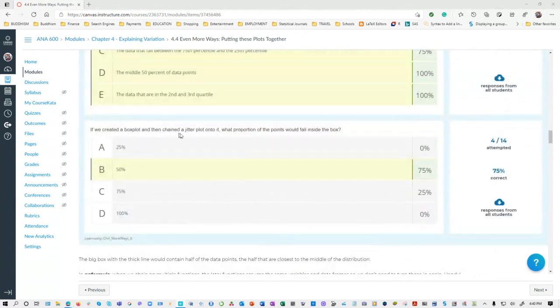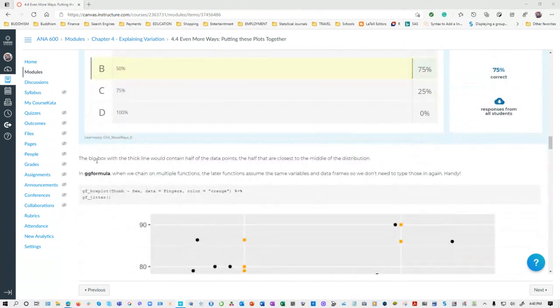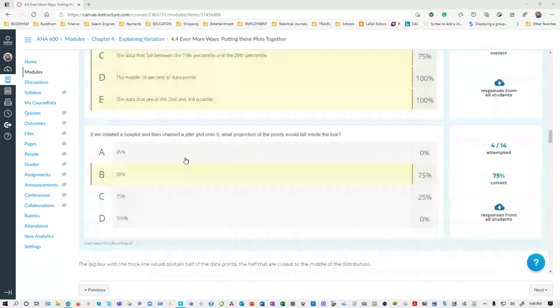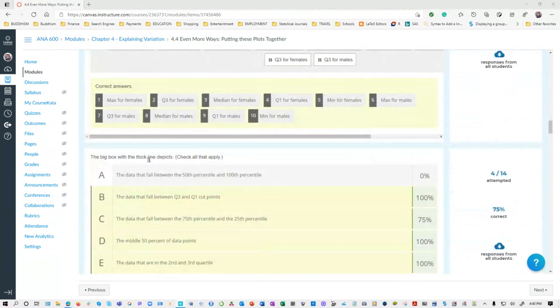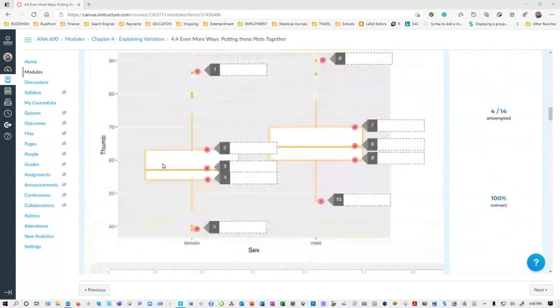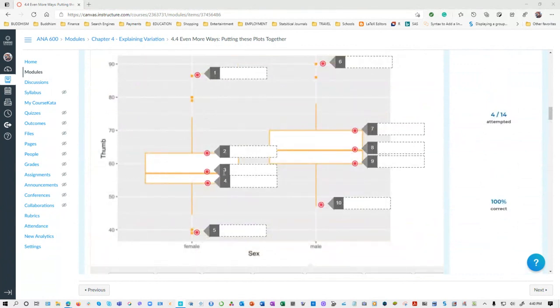So they say, if you created a box plot and chained a jitter plot on it, what proportion of the points would fall inside the box? The big box with the thick line would contain half of the data points. This depicts nothing but the data all the way up to that point, 50% of the data being up to that point.